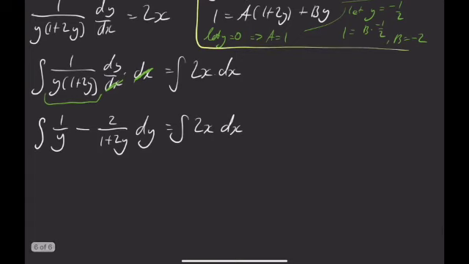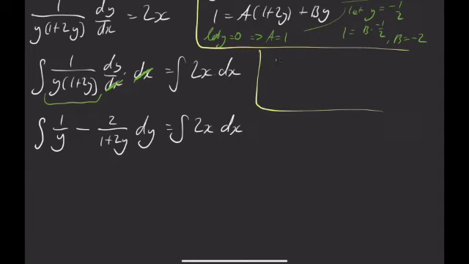Alright, so I've got 1 over y. The integral of 1 over y is natural log, absolute value y. And then I've got this 1 plus 2y situation here. So I've got a nifty little rule for that.